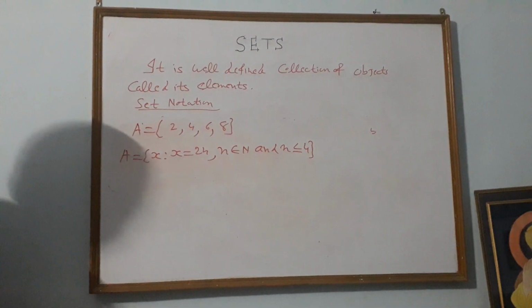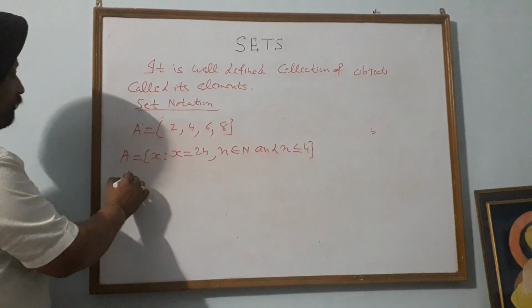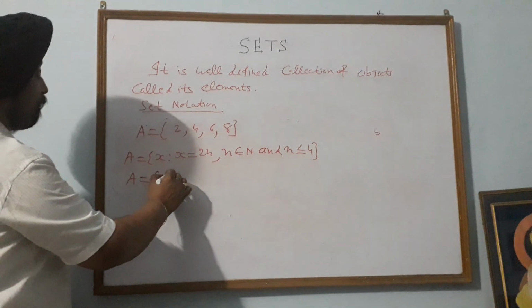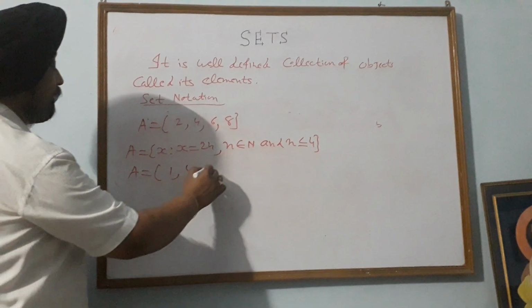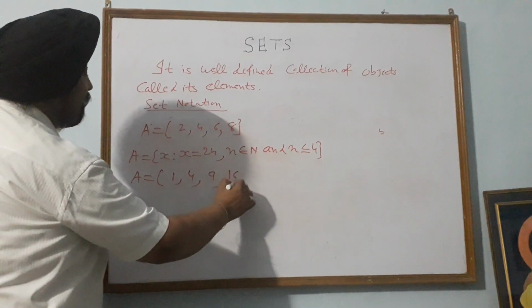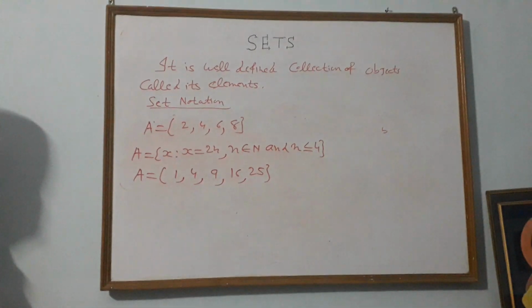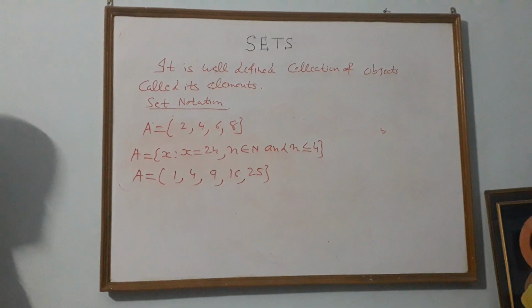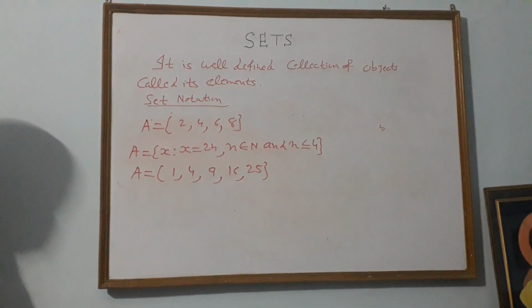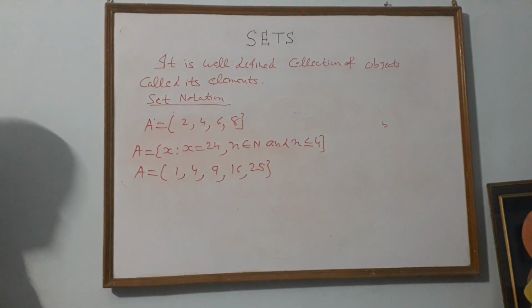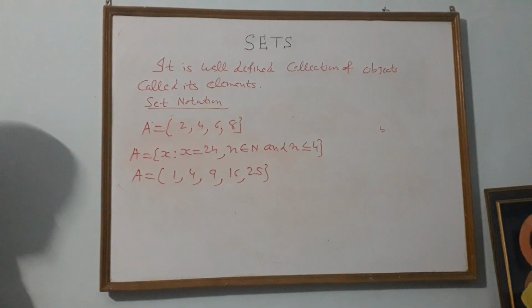Let us take another example. A is equal to 1, 4, 9, 16, 25. You will see these are the squares of natural numbers. 1 square is 1, 2 square is 4, 3 square is 9, 4 square is 16 and 5 square is 25.